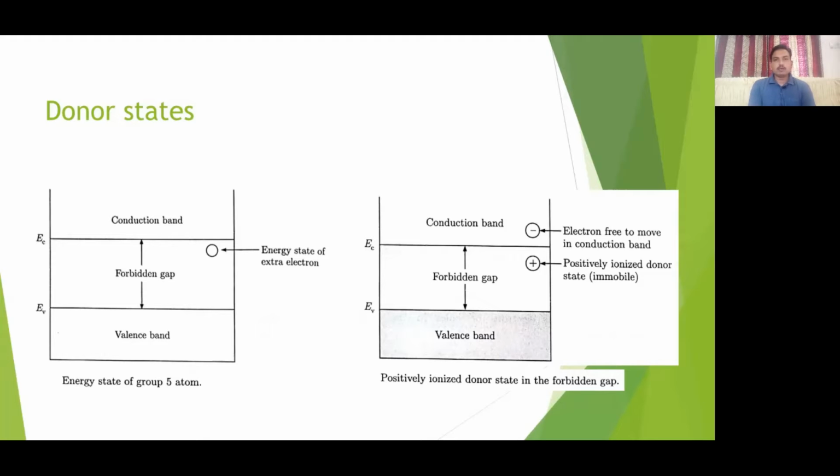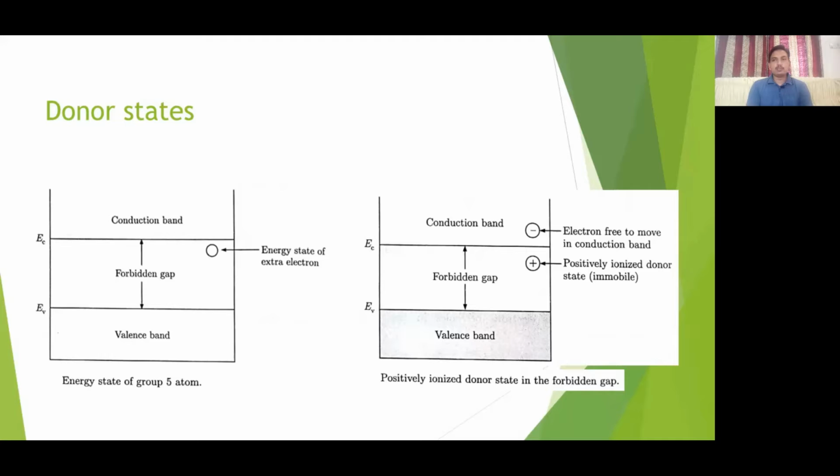And the purpose of adding this impurity was to enhance or to increase the conductivity. So we have to know how these materials can increase the conductivity of semiconductor material. So we have discussed two types of extrinsic semiconductors, like N-type and P-type semiconductors.